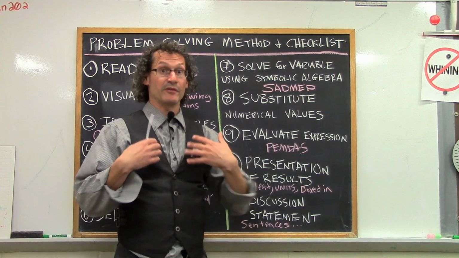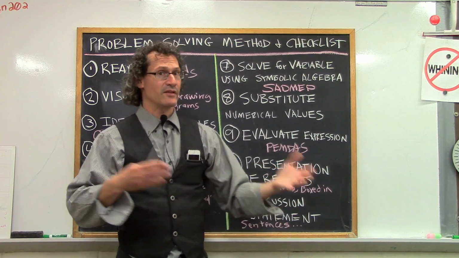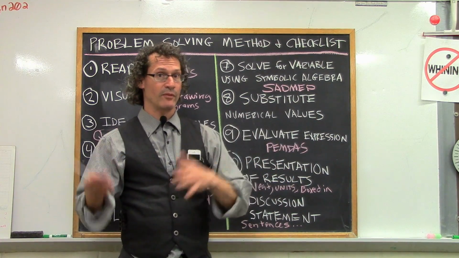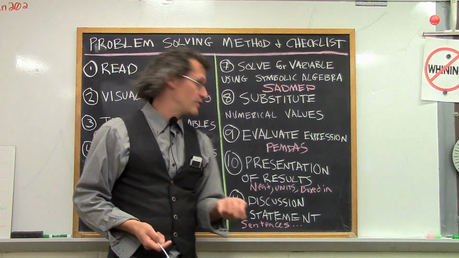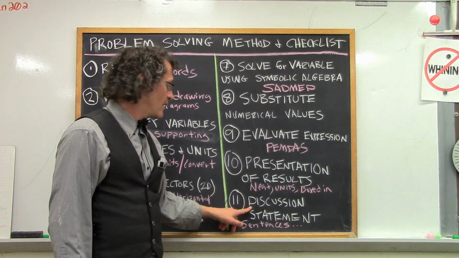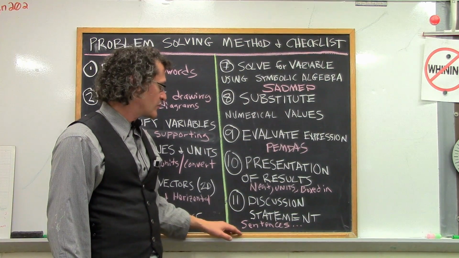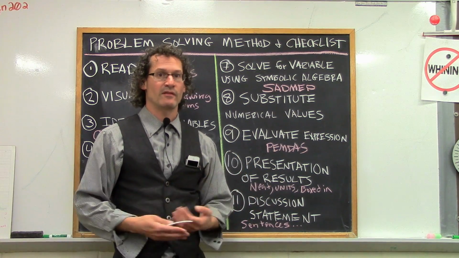And that includes me, not only because I'm a teacher, but you guys in communicating with each other will find that when you're describing a situation to your peers, they're going to have a much easier time helping you too. And then lastly, we're going to include, as step 11, the discussion statement, which includes sentences about the relevant physics that's involved.